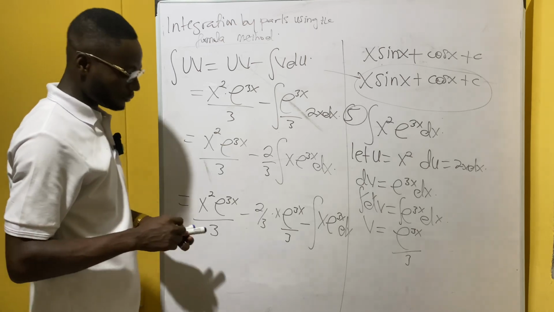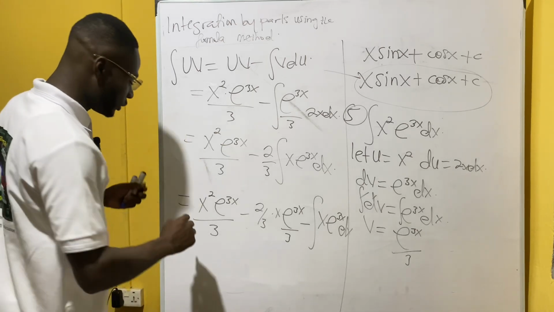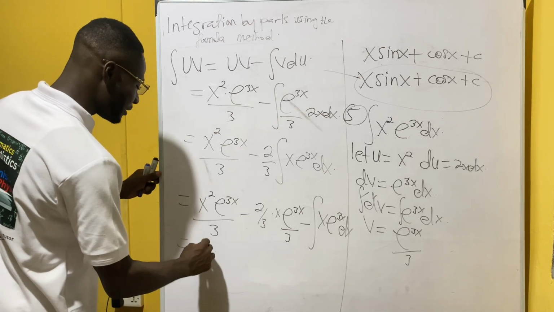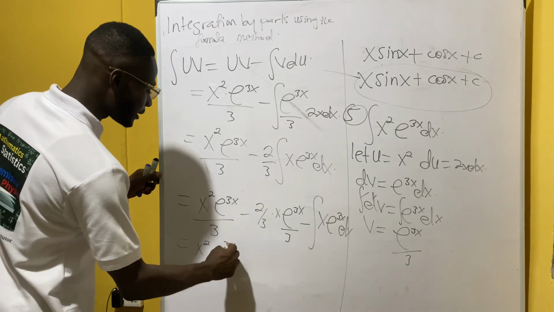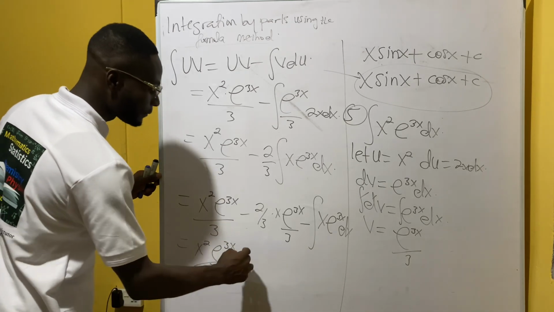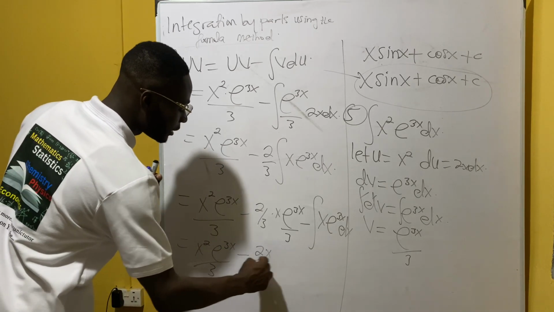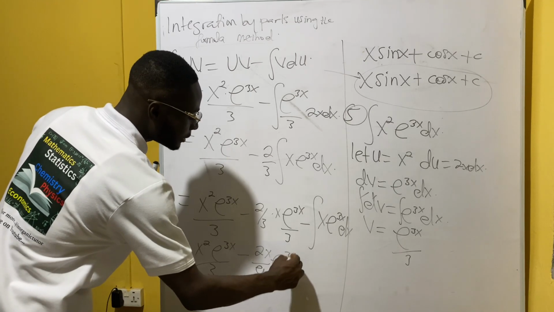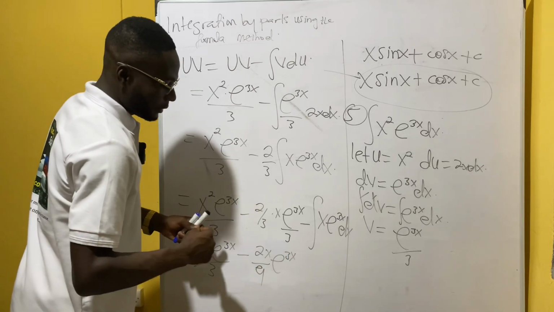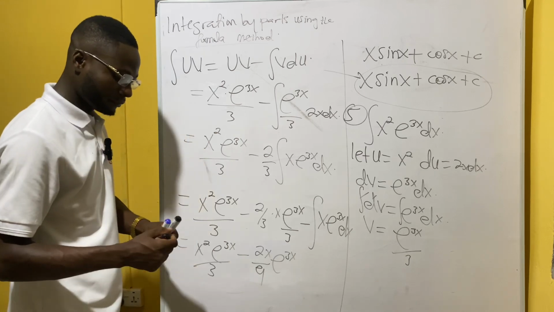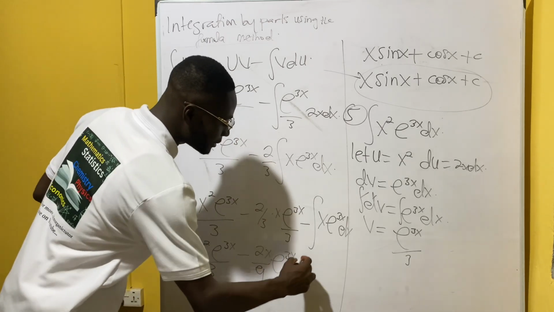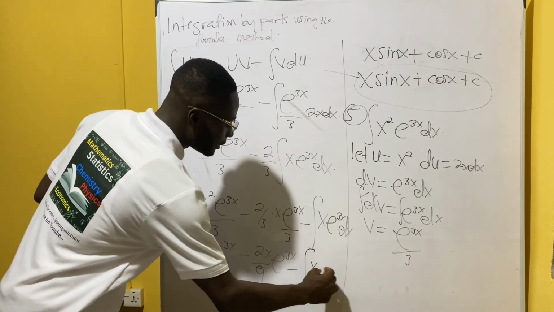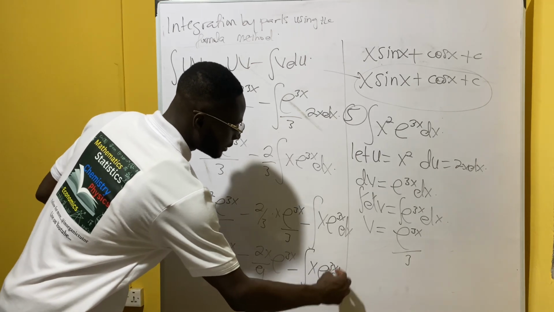So we have x squared e power 3x all on 3 minus 2x on 9 e power 3x minus the integral of x e power 3x dx.